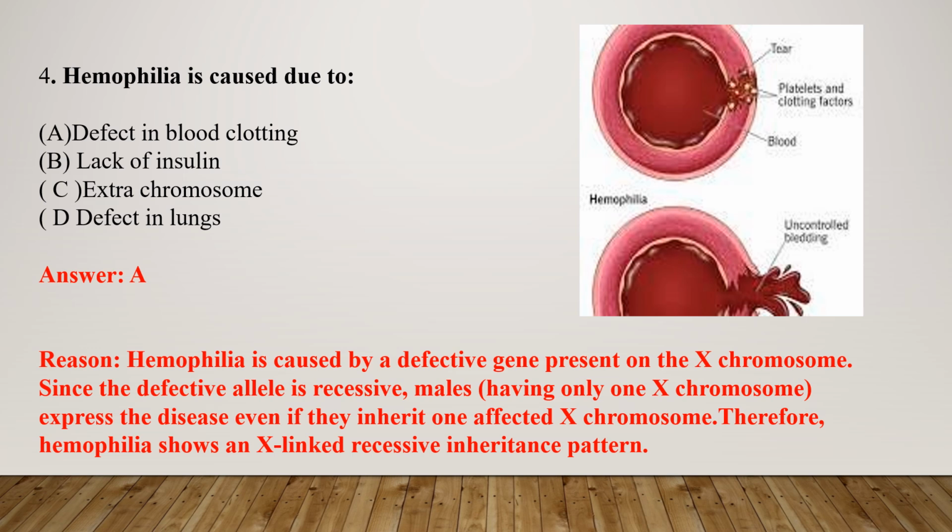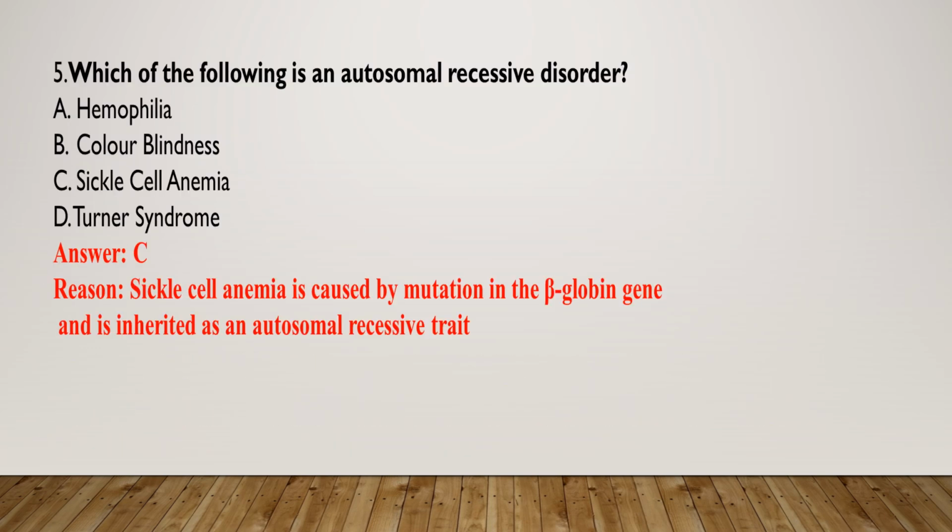Hemophilia is caused by a defective gene present on the X chromosome. Since the defective allele is recessive, males having only one X chromosome express the disease even if they inherit one affected chromosome. Therefore, hemophilia shows an X-linked recessive inheritance pattern.